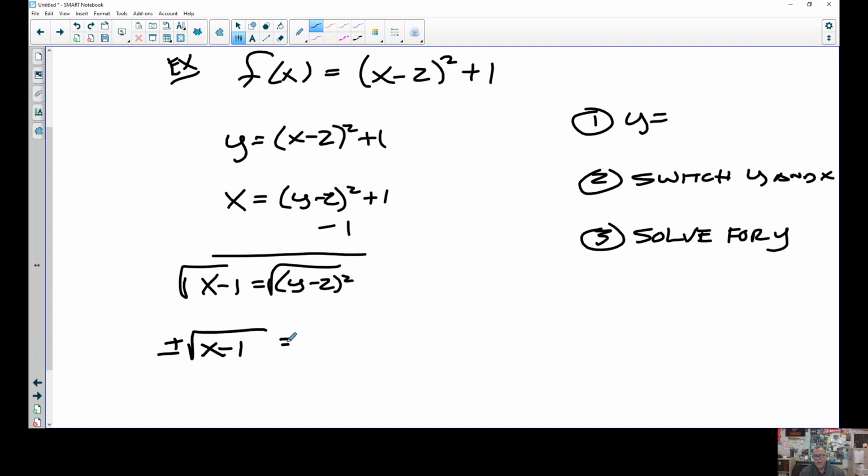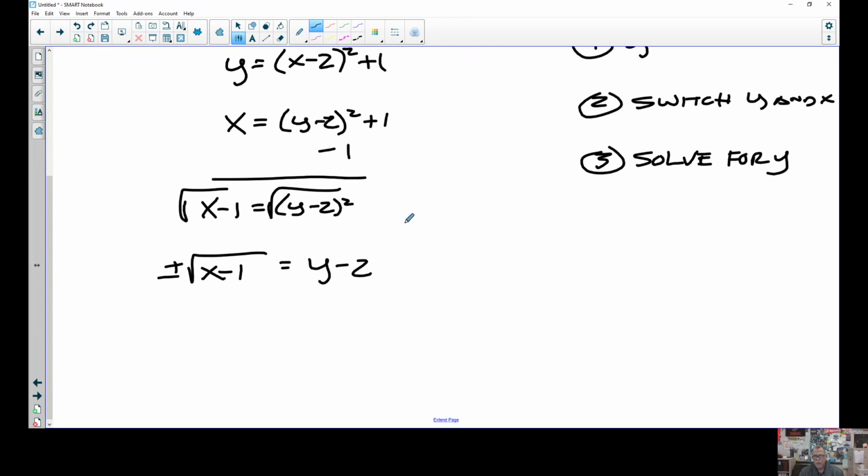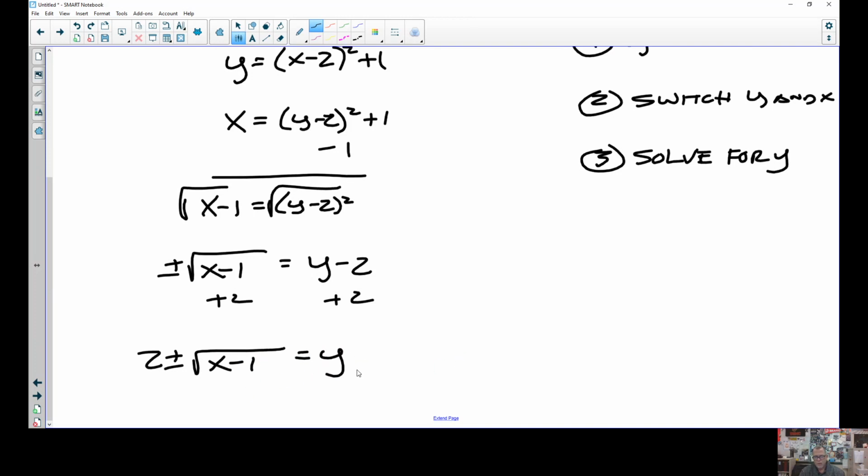I can't do anything with that. This side becomes y minus 2. What do I do with that? Well, I'm solving for y, so I get y by itself by adding 2 to each side. So I would get 2 plus or minus the square root of x minus 1 equal to y. And that would be my f inverse.